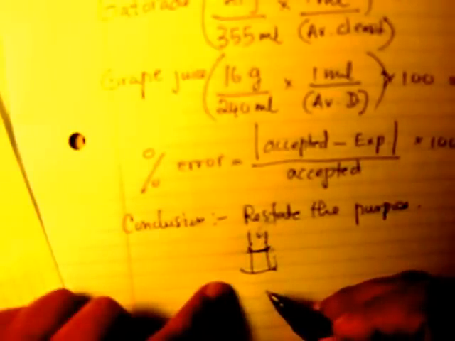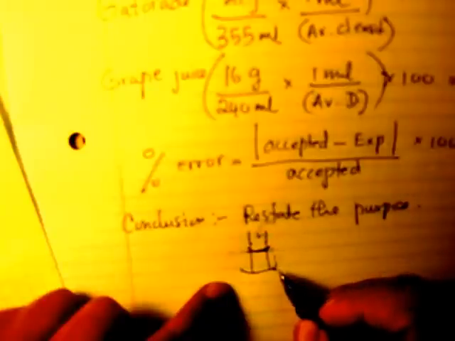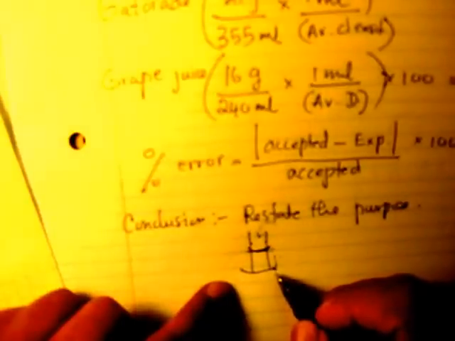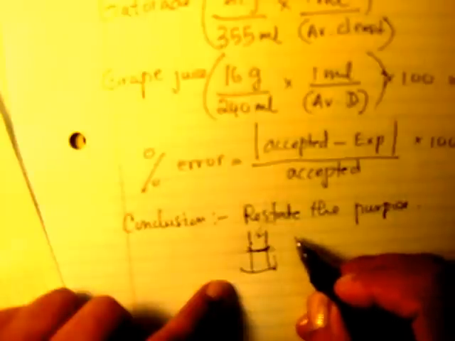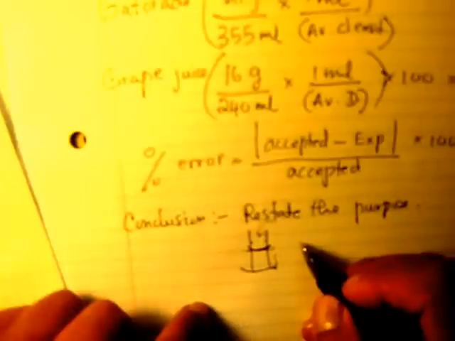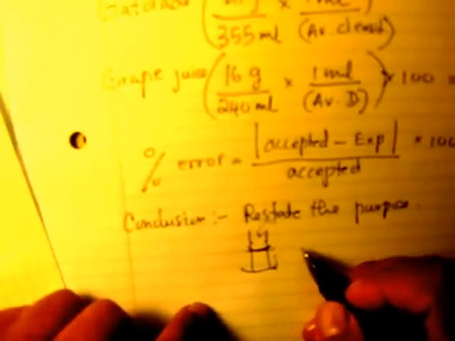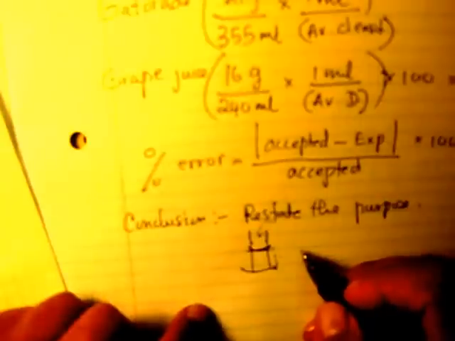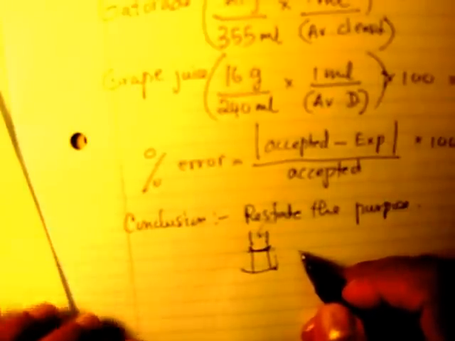So those kinds of errors. Think about everything that happened, and you have to mention them. You have to make a note of those errors in the conclusion, and say how you would overcome them if you were going to do this again. That will give you a good conclusion.